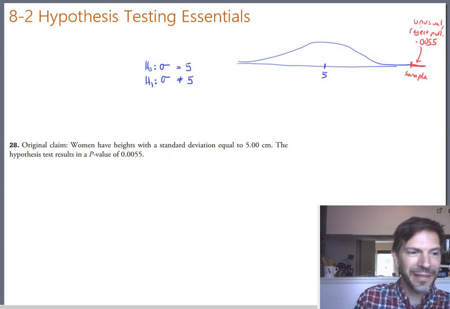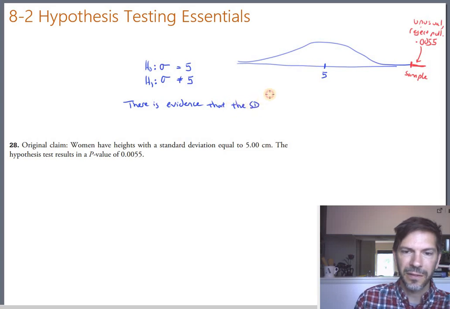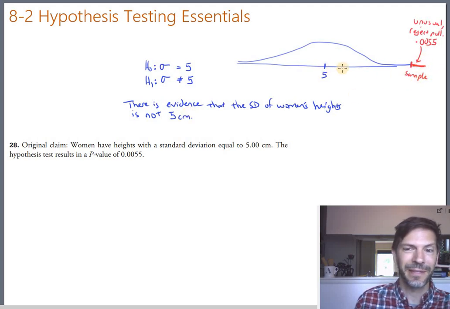And my sentence that makes sense of this in terms of ordinary English language would say something like, there is evidence that the standard deviation of women's heights is not 5 centimeters. I don't know what it is, but my sample was so far off the curve that I'm going to say I don't buy this curve. It's not 5. It's something else.